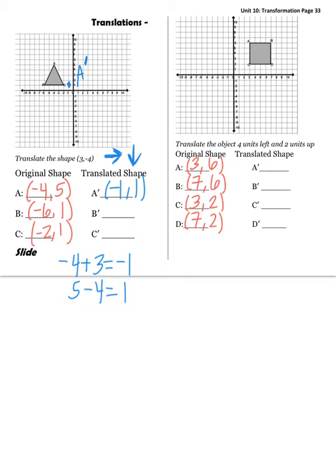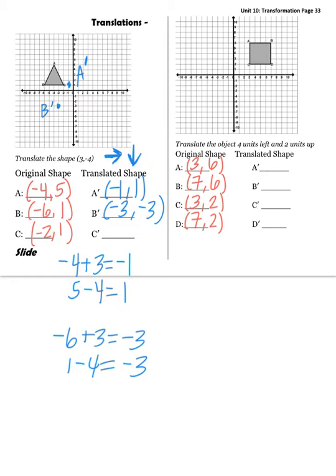Okay, so B prime. So we had -6 for the original x value, plus 3, we get -3. Then we had 1 minus 4, which is -3. So -3, -3. Let's check it. So 1, 2, 3, and then go down 1, 2, 3, 4. So that's right, -3, -3. B prime.